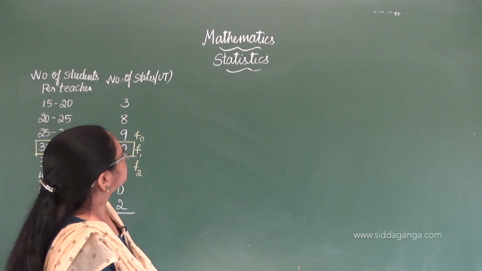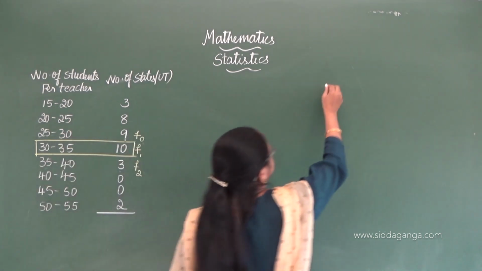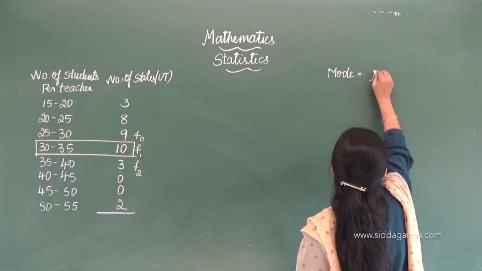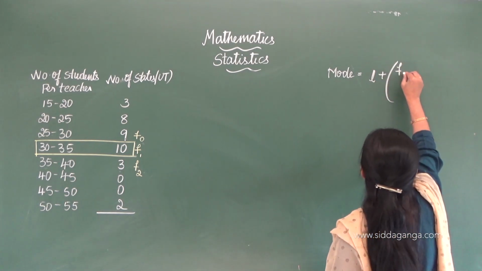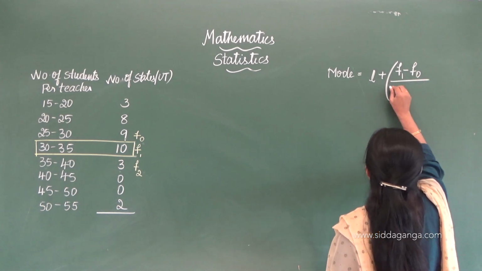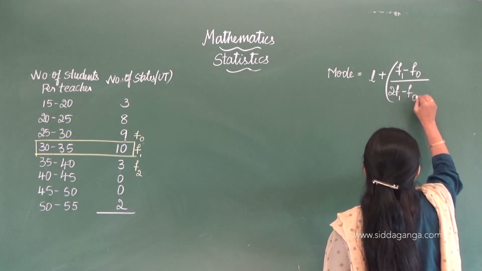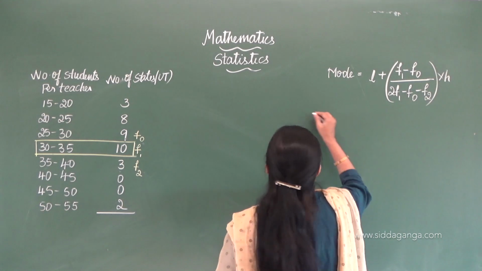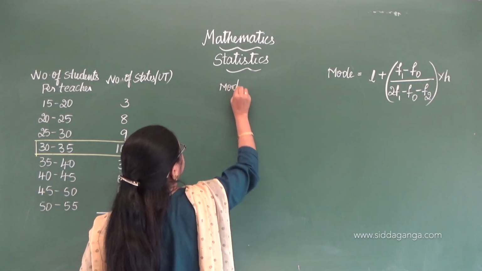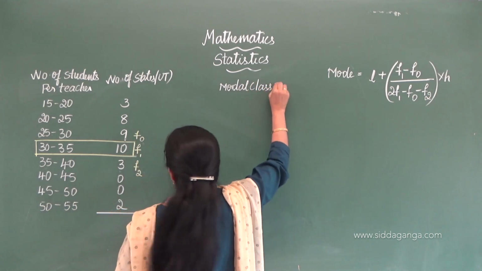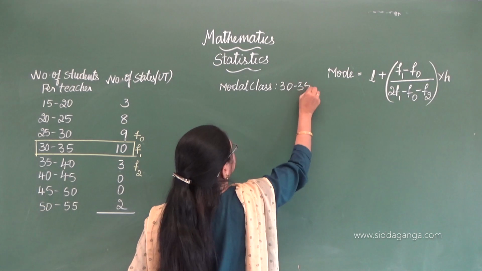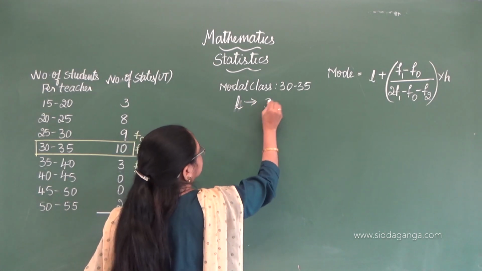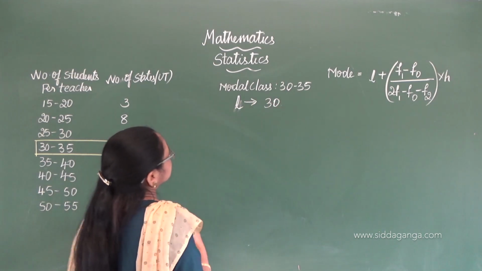Now let us write the formula first. Mode is equal to L plus (F1 minus F0) divided by (2F1 minus F0 minus F2), into H. Here the modal class is 30 to 35, therefore L is 30, the lower limit of the modal class.